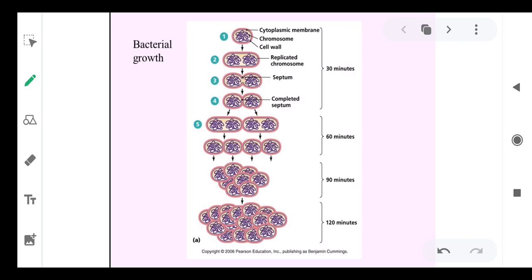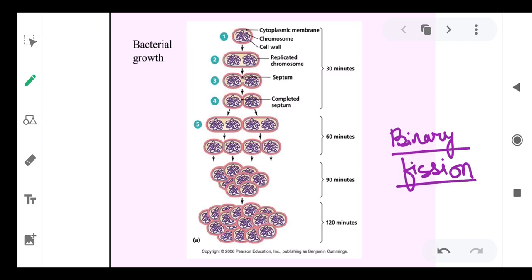They increase in the number of cells by binary fission. So their mechanism for growth is binary fission.